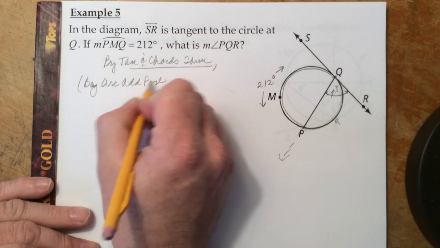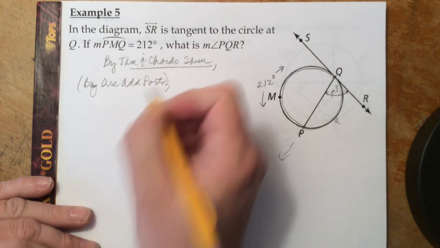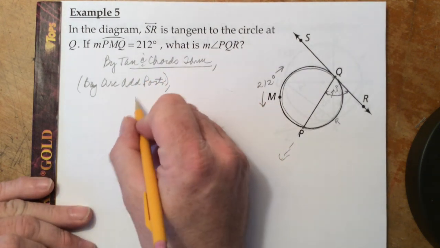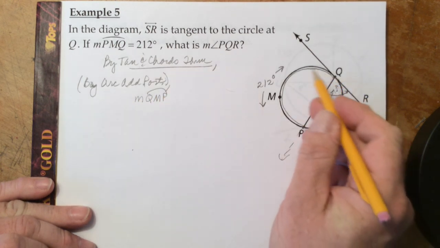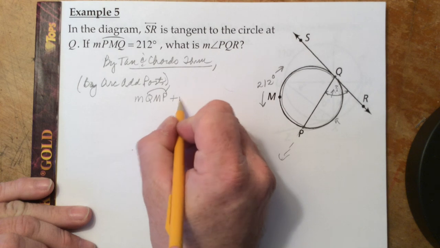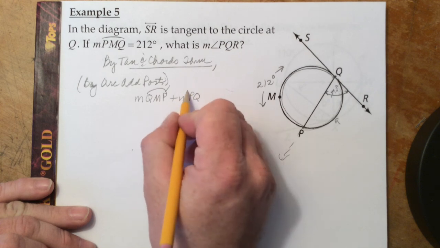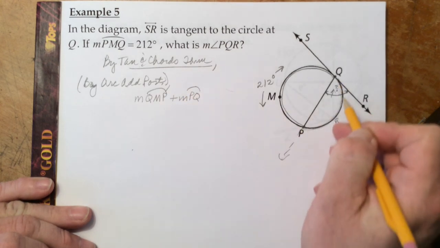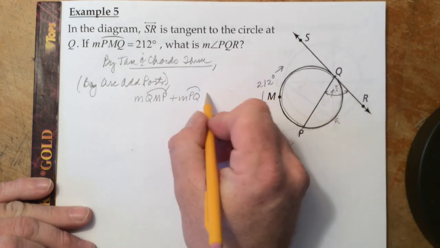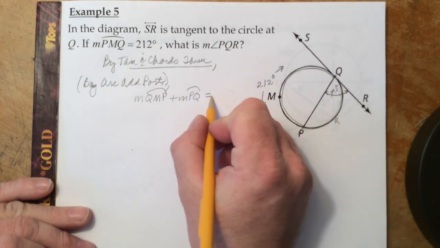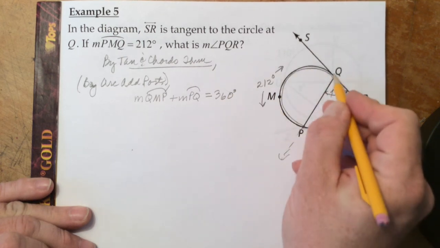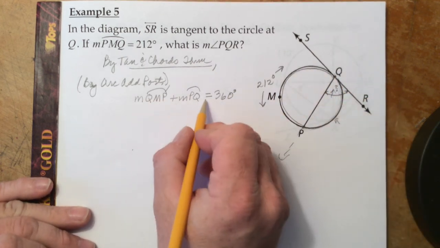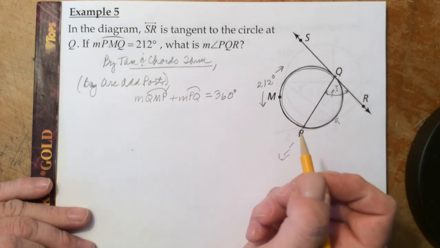postulate, we can say the measure of arc QMP plus the measure of arc PQ, the one we're looking for, equals 360 degrees, the degrees in an entire circle. Once we set that up, then we plug in what we know.